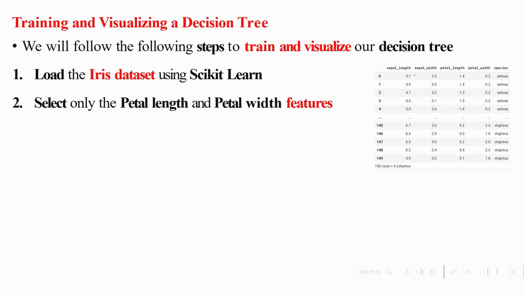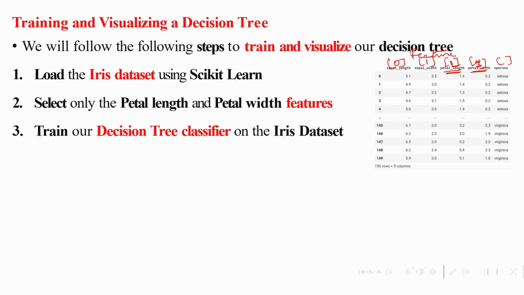We have four features: sepal length, sepal width, petal length, and petal width, with indexes 0, 1, 2, 3, and this is the corresponding class label. Species is the target variable. These are the features, and we are selecting only the petal length and petal width features from our data set.